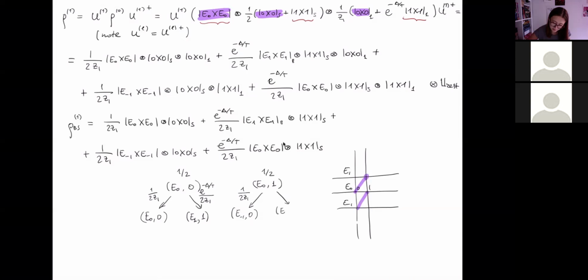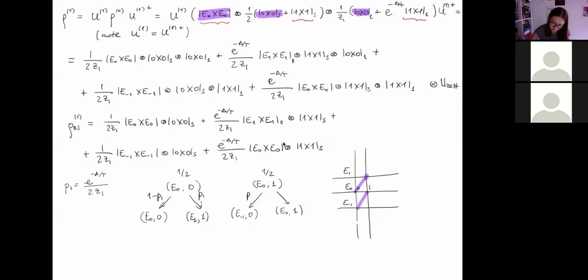And finally, the final term in the sum just corresponds to the system staying in the state E0, 1, which happens with probability e to the power minus delta over t over 2z1. So if we label P1 as e to the power minus delta over t over 2z1, then we can just substitute these here as 1 minus P1, P1, P1.